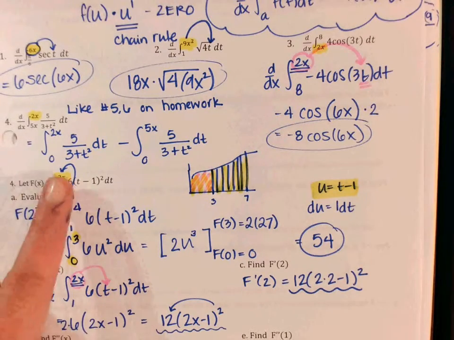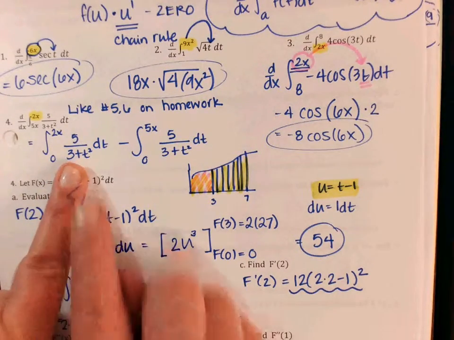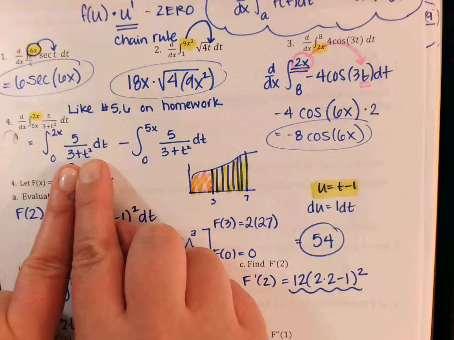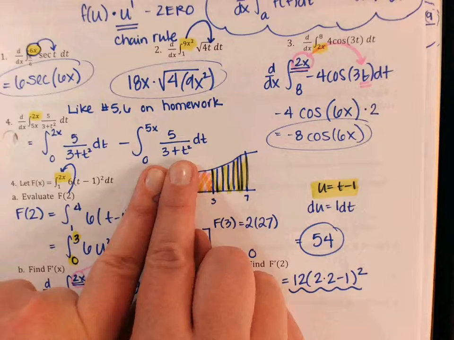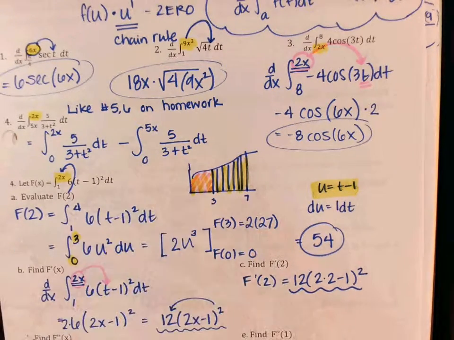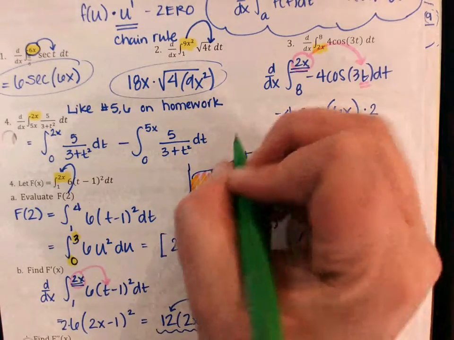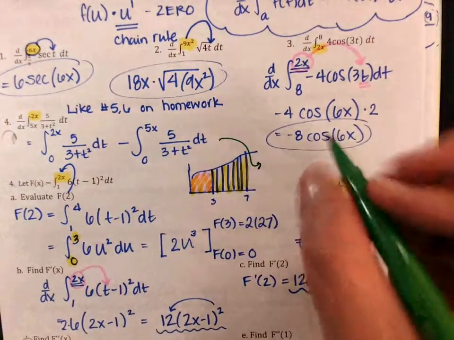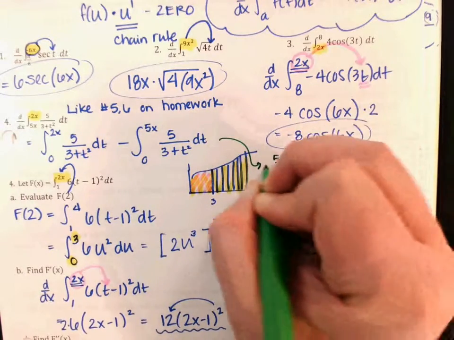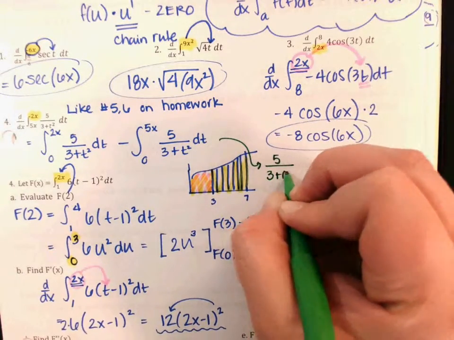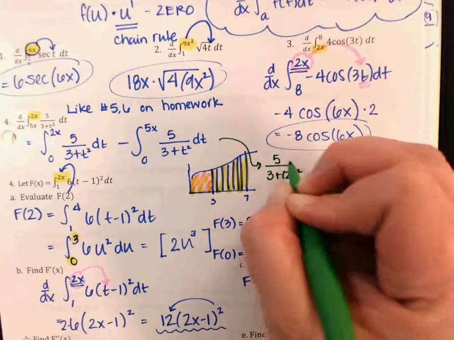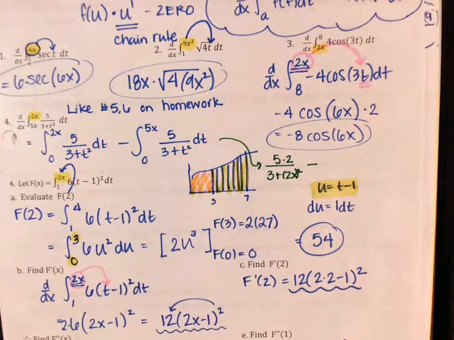So for this first one, what am I plugging in? 2x. What am I going to multiply by in the front? 2. On this one, what am I going to plug in? 5x, but what am I going to multiply by in the front? A 5. So your answer is going to be this. I'll write it over here to the side. It's going to be 5 over 3 plus (2x) squared, times 2, minus.